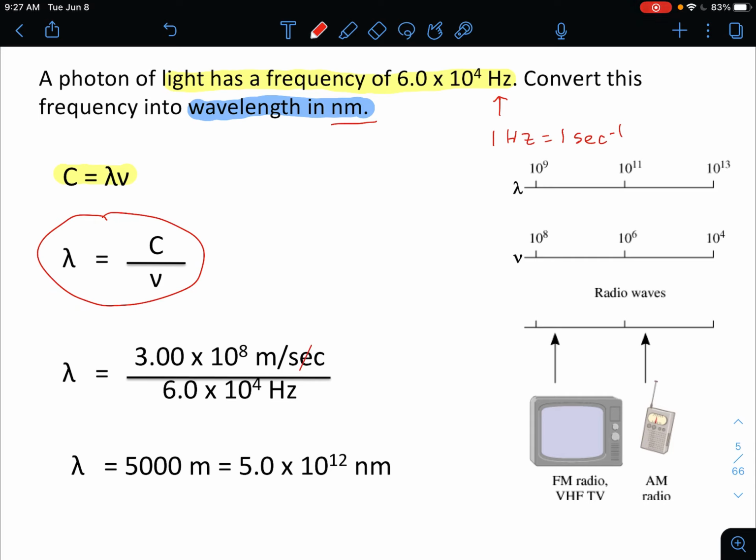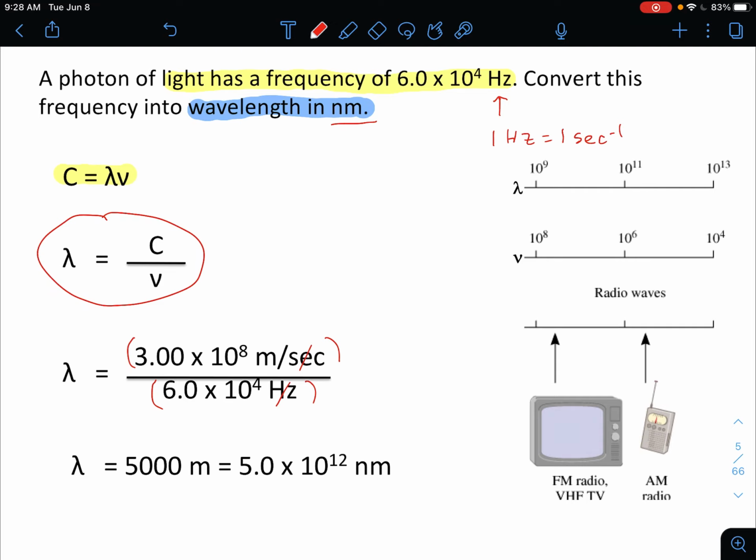So seconds to the -1 and hertz are the same, right? I can cancel those out. If you'd rather write seconds to the -1 instead of hertz, that's totally okay. Just calculator-wise, I recommend when you start working with scientific notation values that you start putting parentheses into your calculator.